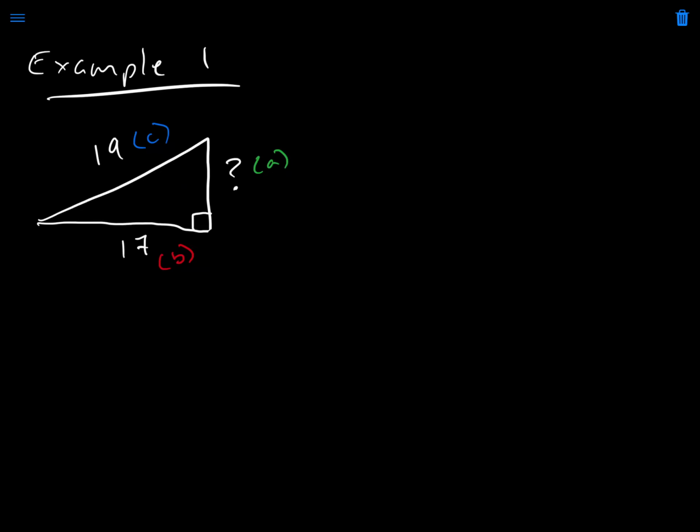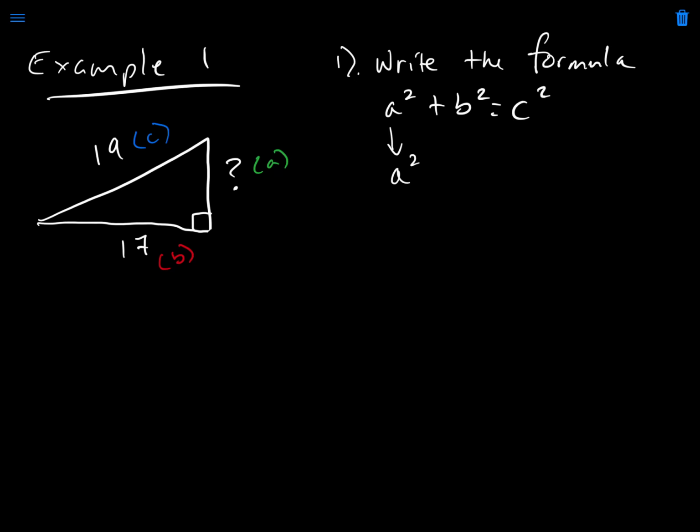So I write the formula, start the first step. Step 1, I write the formula. So I'm going to do a squared plus b squared equals c squared. I know a is the unknown, so that's going to be just the way it is. I know b is going to be 17 to the second power. And I know c is going to be 19 to the second power.